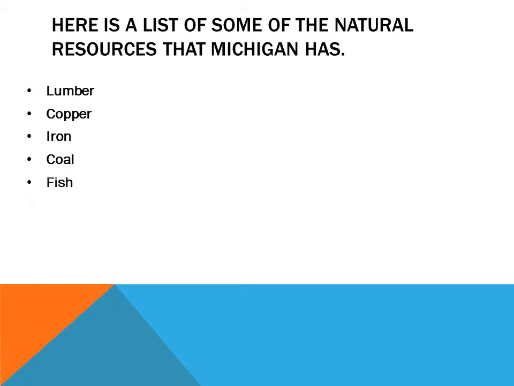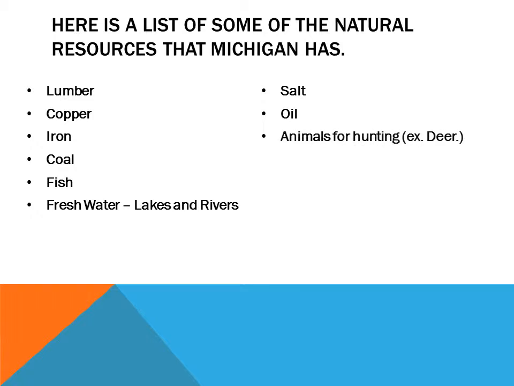These are some of the very common resources that we have in Michigan. Later in our project, we are going to be labeling these resources that we would find on a map of Michigan, and we'll use some digital imaging and work with a paint program on the computer.